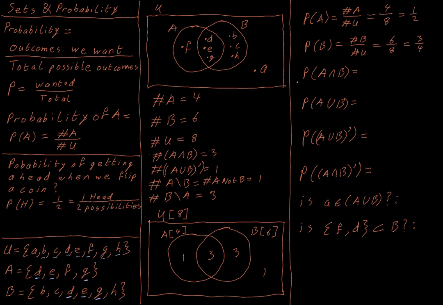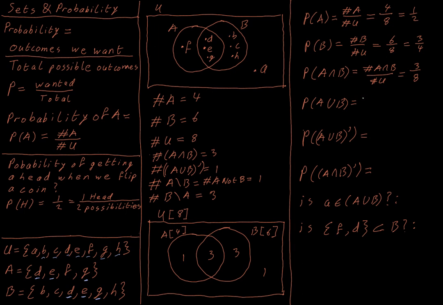Now, the probability of A intersection B would be the number of elements in A intersection B divided by the number of elements in the universe. So that's 3 elements in A intersection B divided by our total of our universe. There are 8 elements.